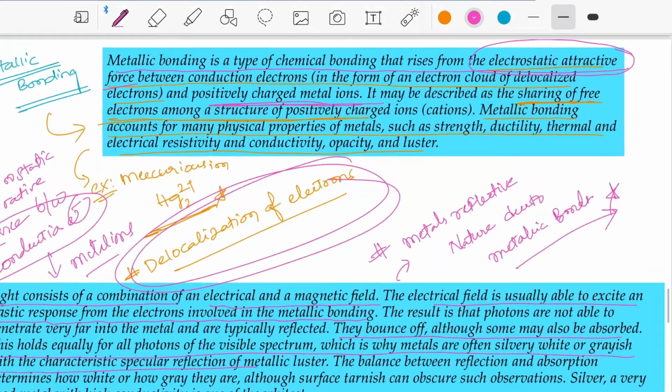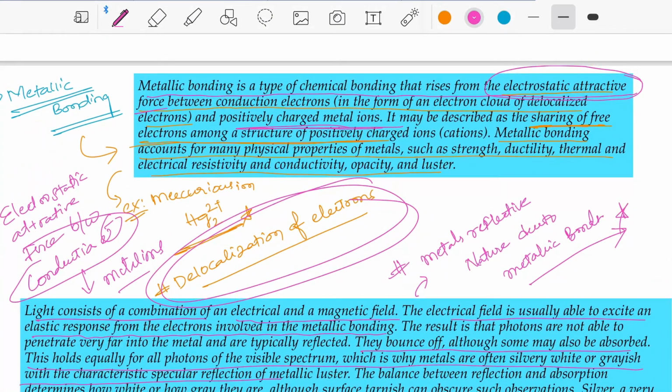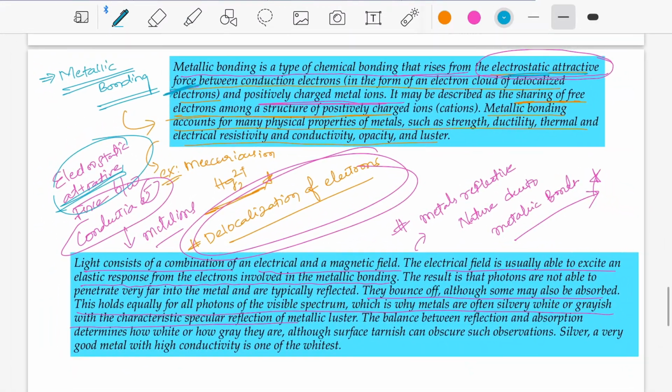Usually a metallic bond is a critical thing. Metallic bond is a type of chemical bonding that arises due to the electrostatic attractive force between conduction electrons, in the form of an electron cloud of delocalized electrons, and positively charged metal ions.